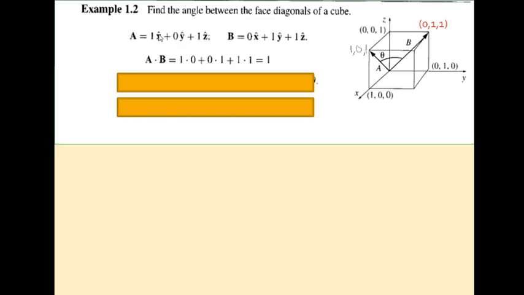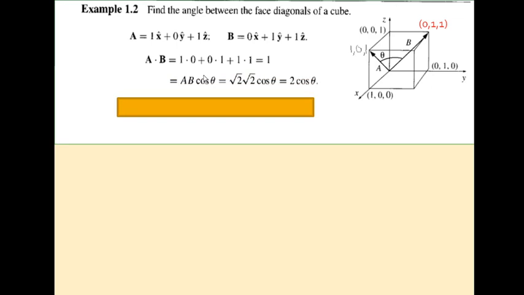The x and y, and x and z multiplications do not exist, because the Cartesian coordinate system is orthogonal, and cos 90 vanishes because it is 0. So only identical vector multiplication is allowed, and therefore a dot b is equal to 1.